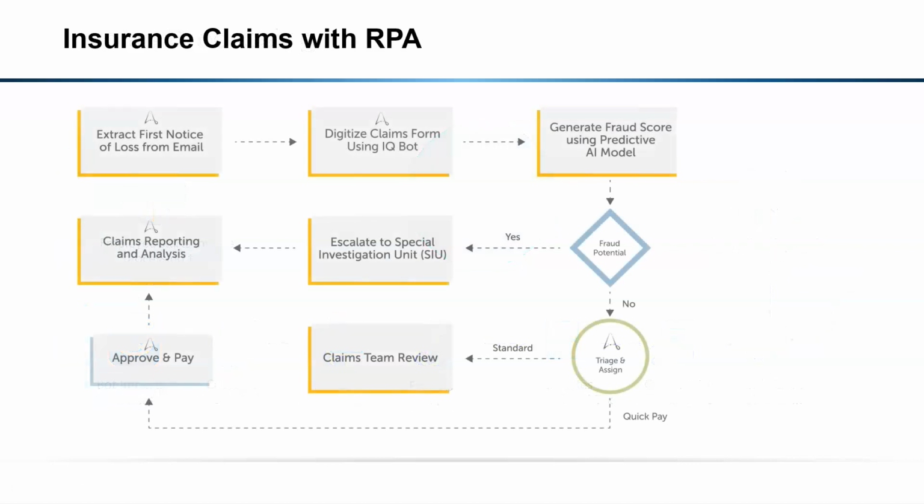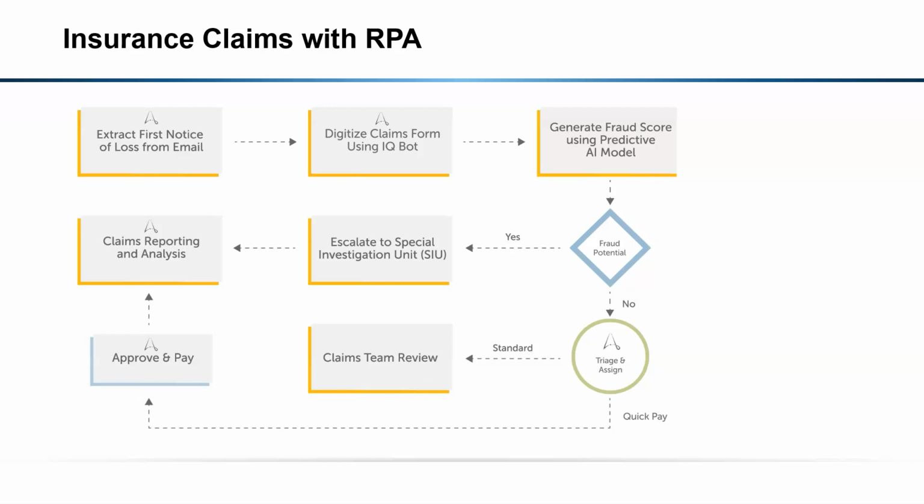Insurance claims with RPA. It extracts the first notice of loss from email, digitizes claims using IQ Bot, and generates a fraud score. So in this flow, once you receive the claim, you see: is it fraud? How can one identify the fraud? If it is a human, they have to rely on their experience based on past fraud cases and see if there are any similarities. With automation, the same thing can be done too. The prior historical knowledge can be captured, and it can look at the parameters and see if it seems to be a fraud.